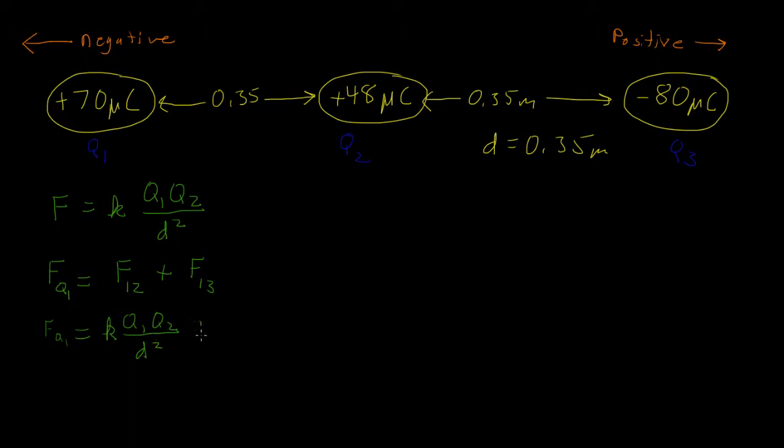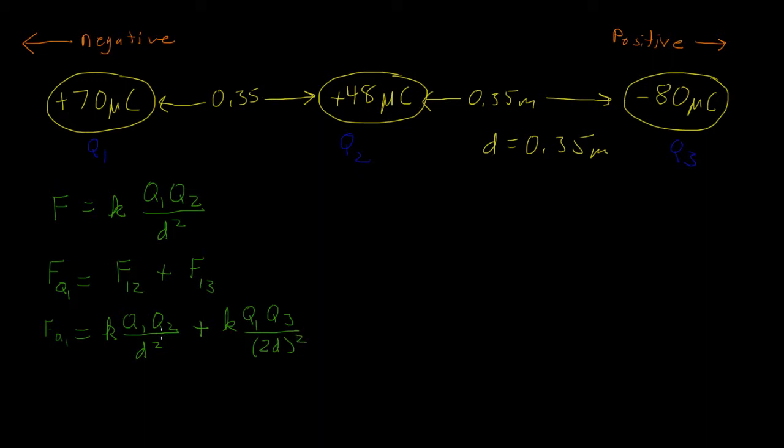And then we're going to add the force between 1 and 3. So that's K again, Q1, this time it's Q3, and this time the distance is actually twice D. Okay, so D is only the 0.35, but we need 0.7, so that's going to be 2 times D, and we'll square that.